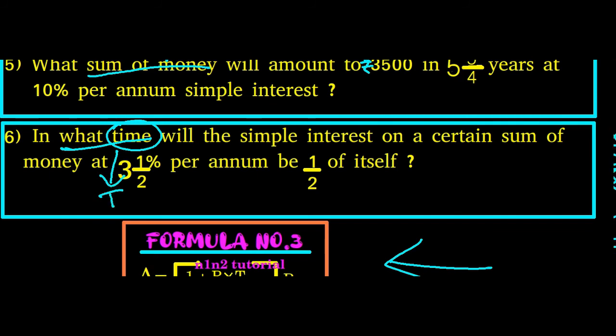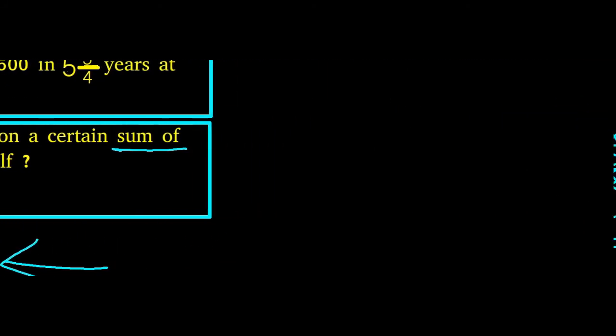The word sum of money, as I told you before also, means P, which is the principal. At 3 1/2% per annum. Per annum means per year. Be 1/2 of itself.